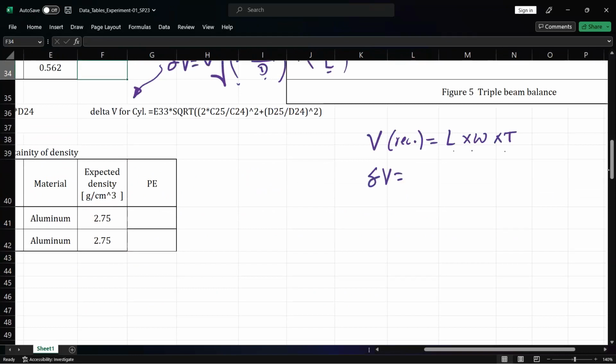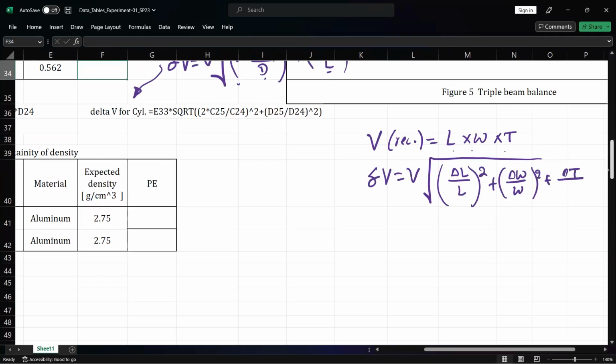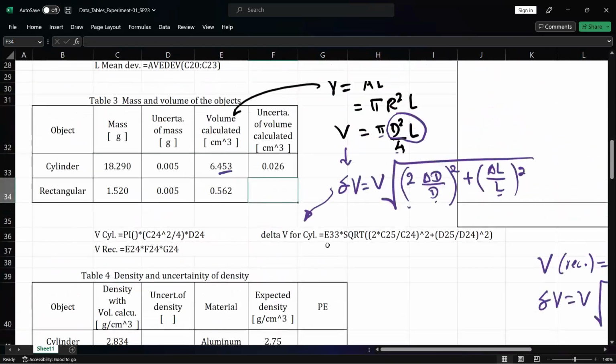Therefore, the volume error for the rectangle is volume calculated times square root, parentheses, mean deviation for the length divided by length, squared, plus mean deviation for the width divided by the width, squared, plus mean deviation for the thickness divided by thickness, squared, square root of everything. So we just need to write that in our Excel function right here.